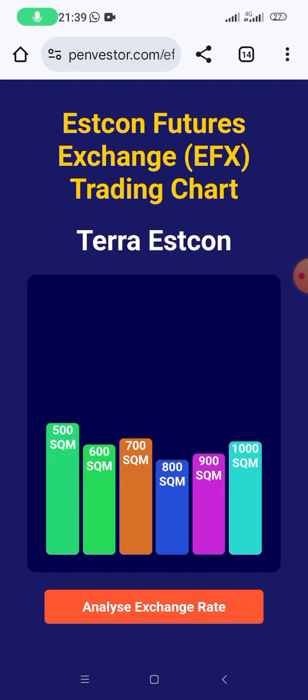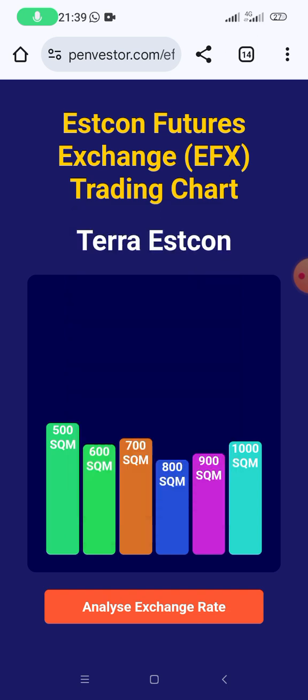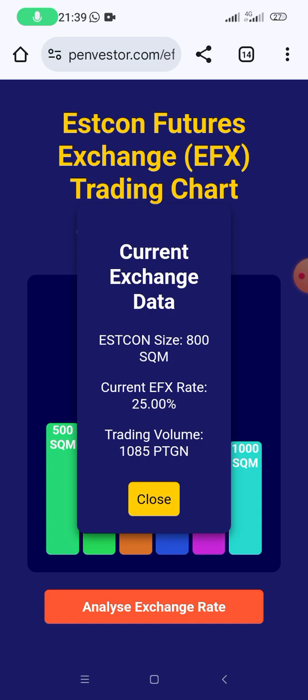So I will go back. Low trading volume and high EFX rate. So it means that we are going with 900 because it has a low trading volume and the EFX rate is high. It is higher than this 800.